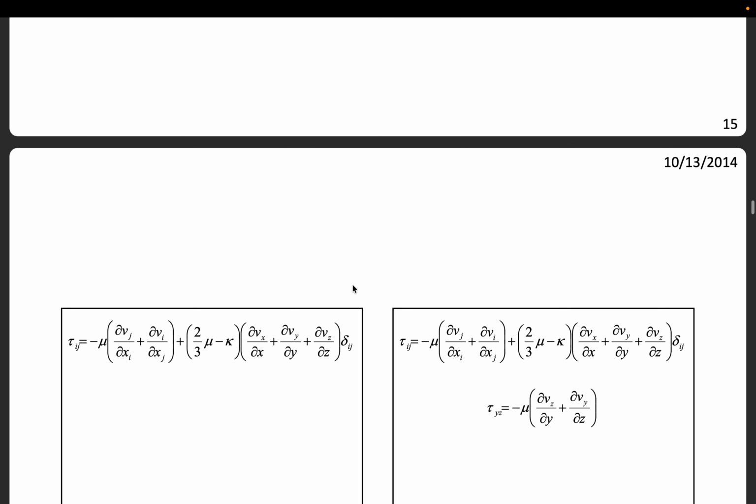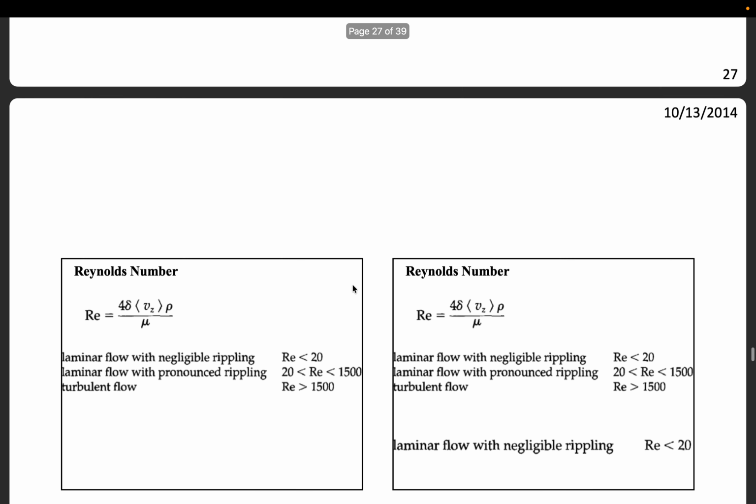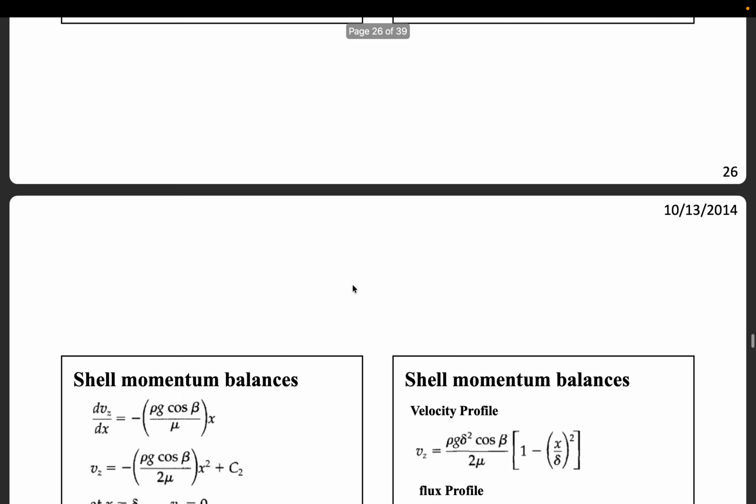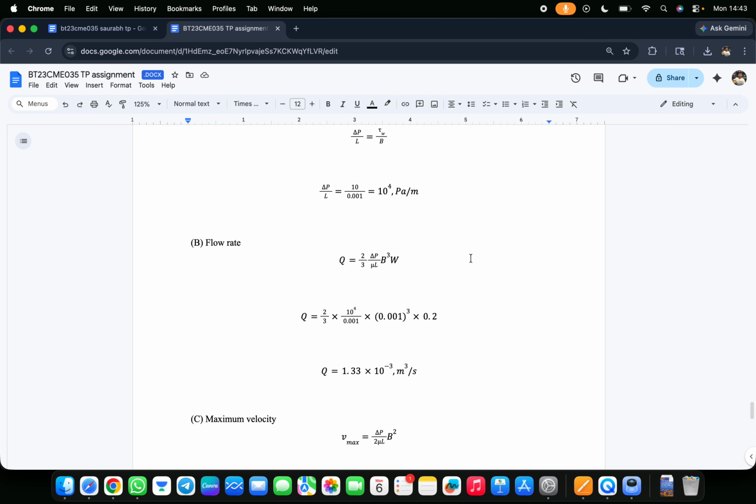So for the stationary case, when you solve it, the velocity equation will come like this. The flow rate will be velocity into area.